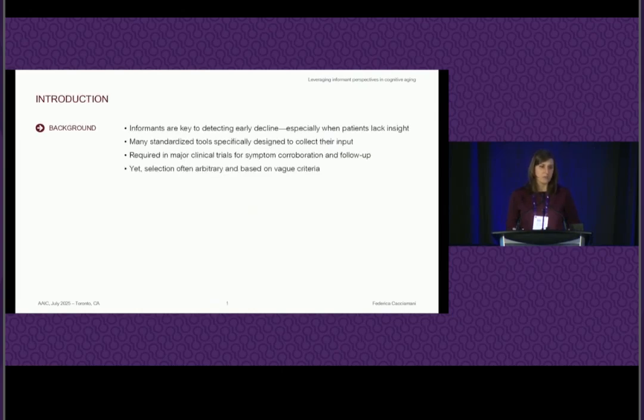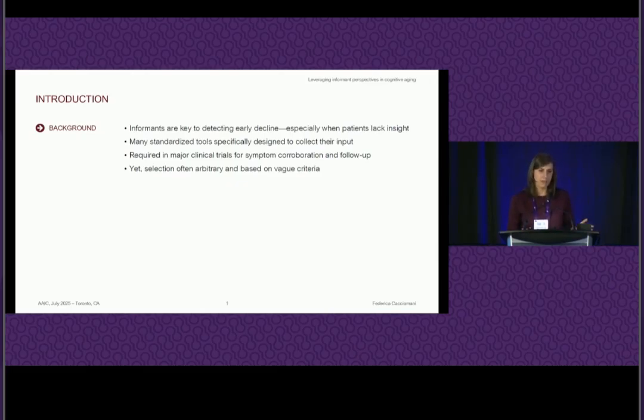So informants are key to detecting early decline, especially when patients lack insight, as we'll hear today. Indeed, many standardized tools have been specifically designed to collect the informant input. And we heard yesterday a very interesting session about cognitive practice guidelines and about AD8, which is an informant-based questionnaire.